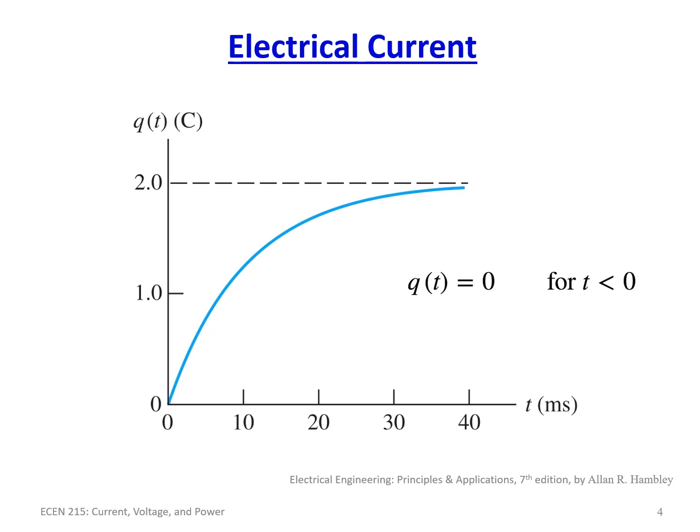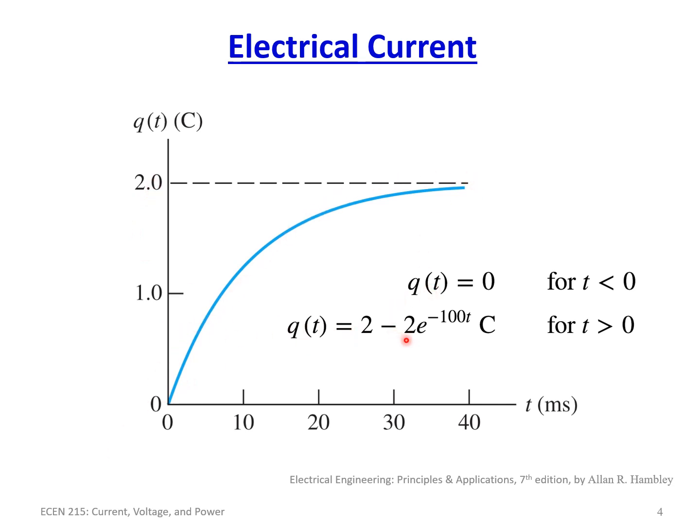mathematically as q(t) equal to 0 for time less than 0. Everything out here is less than 0. And when t is positive, q(t) is 2 minus 2e to the minus 100t.